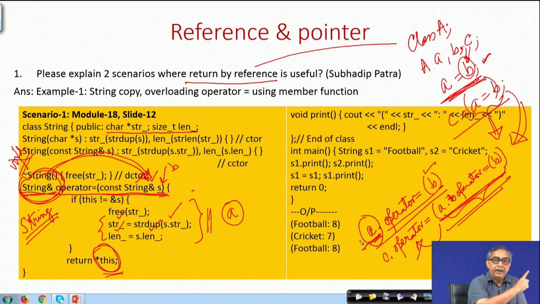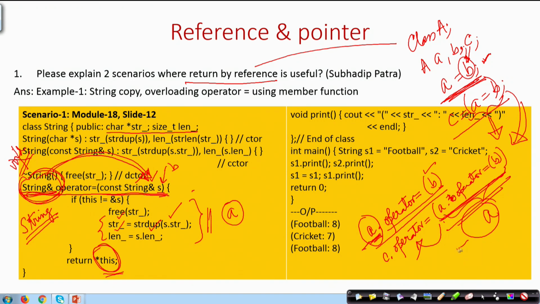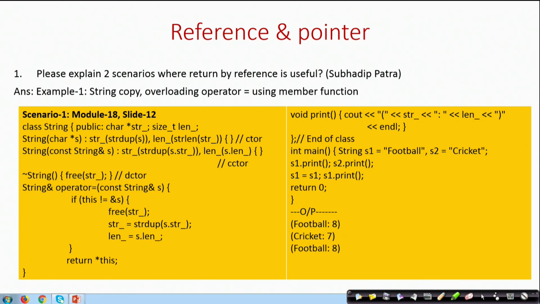So, you are returning A, and you are returning that as a reference. So, no copies are made, that changed A is now used when you assign the result of A assigned B onto C, and this chaining could continue forever. So, you could not have been able to write this operator if return by reference were not used. So, that is one scenario.